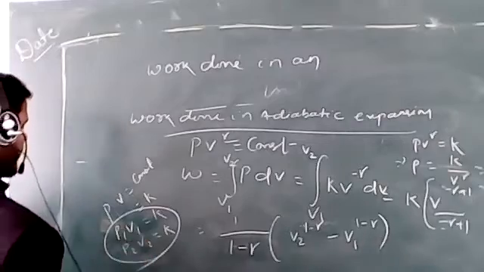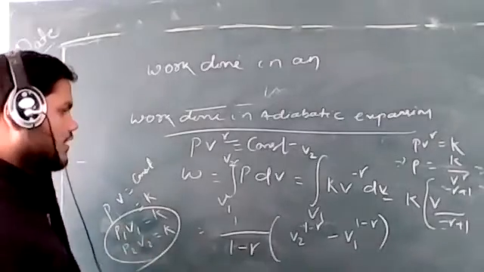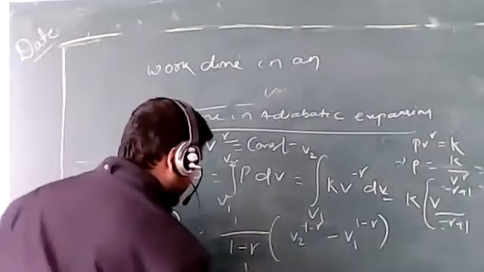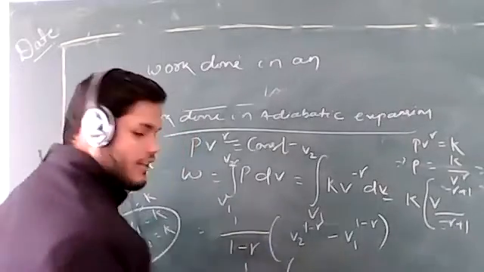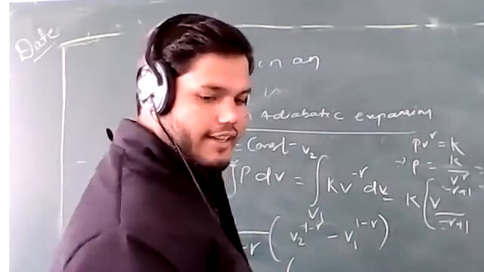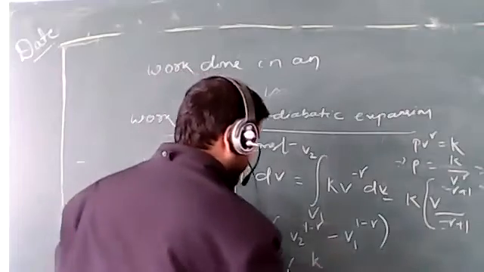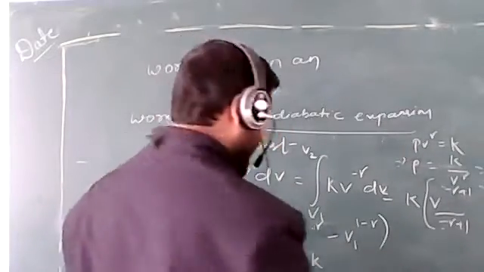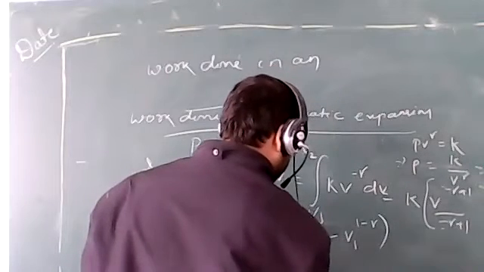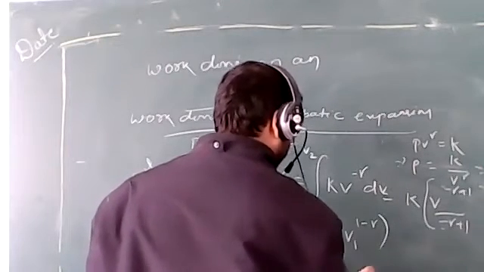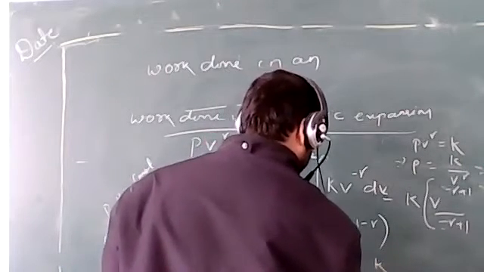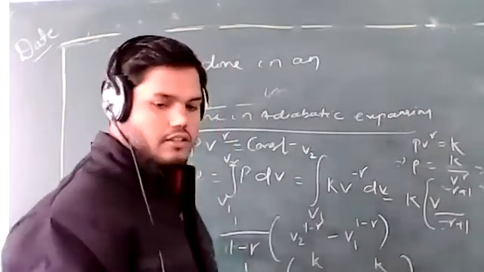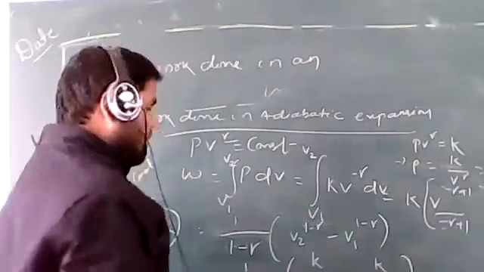So as p1 v1 equal to p2 v2 equal to constant k, in place of k we can write k divided by v1 to the power gamma minus 1, minus k by v2 to the power gamma minus 1 also, okay.